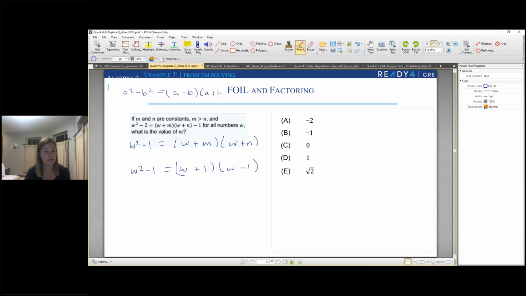So in our case, the w's and the 1's, when we factor down w squared minus 1 with these two squares, we get (w plus 1)(w minus 1). So if we know that both of these are true, then we know that this has to be a 1 and this has to be a negative 1, or the other way around.